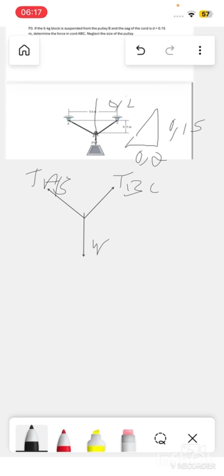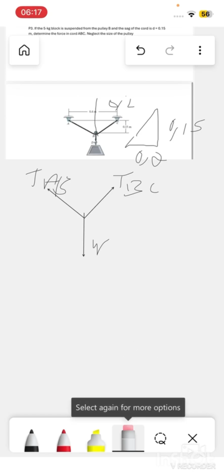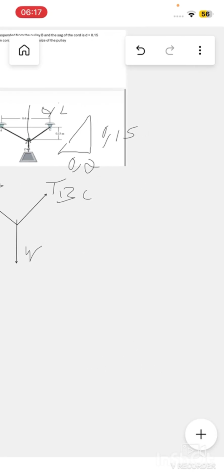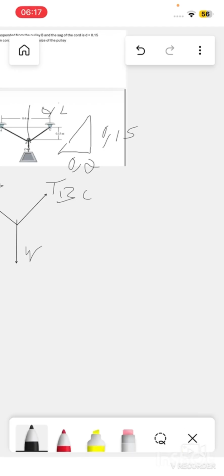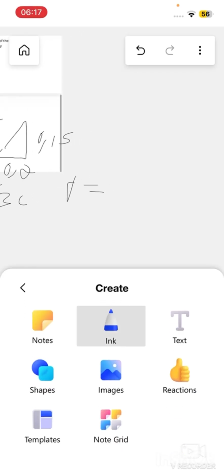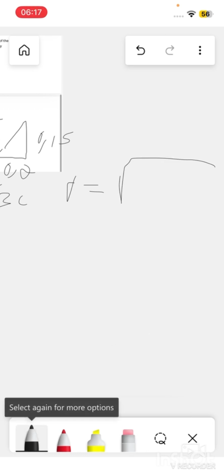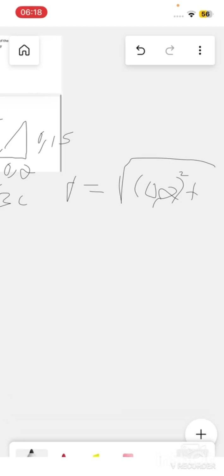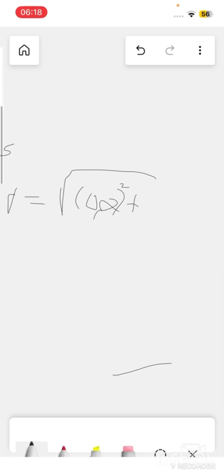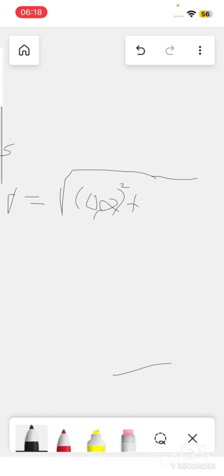In this case, we're going to say R is equal to the square root of 0.2 squared plus the opposite side, which is 0.15 squared.